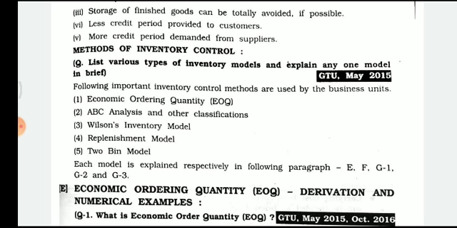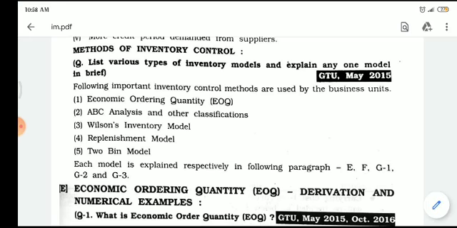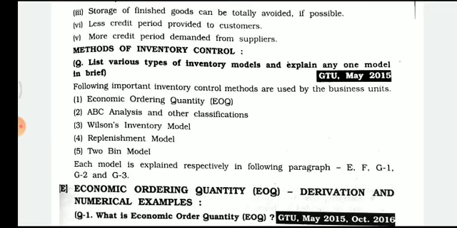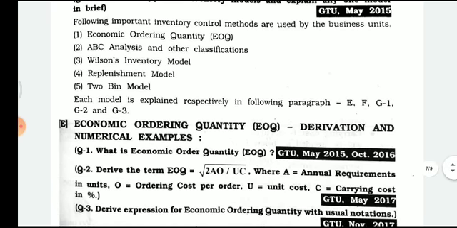Third, Wilson's inventory model. Fourth, replenishment model. And fifth is the two-bin model. Each model is explained respectively in the following graphs.